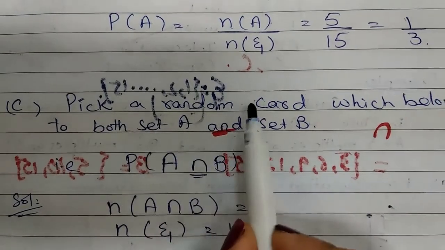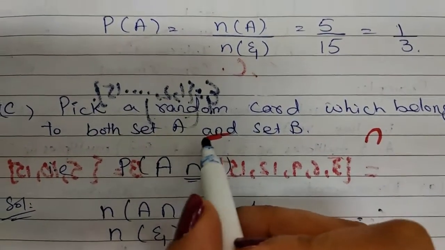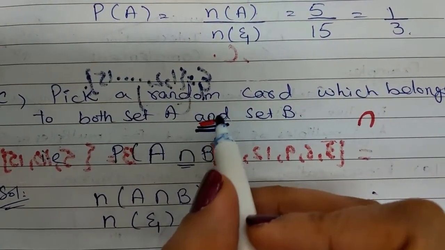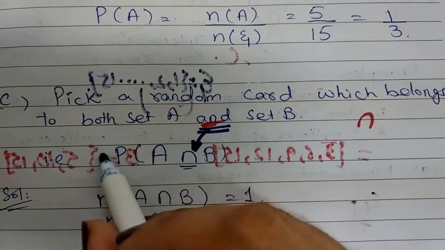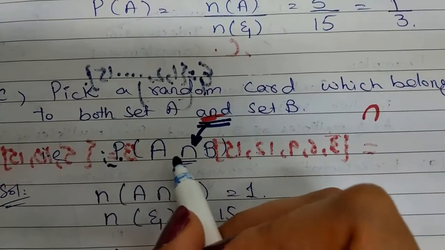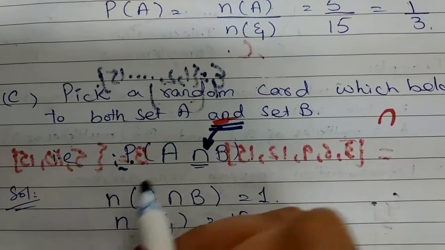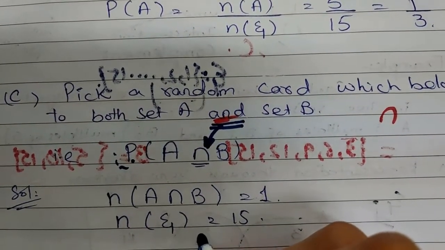Pick a random card which belongs to both set A and set B. If it is written A and B, it means there is the intersection sign. Now you have to find the probability of A intersection B. You have to find the number of elements in A intersection B and the number of elements of the universal set.